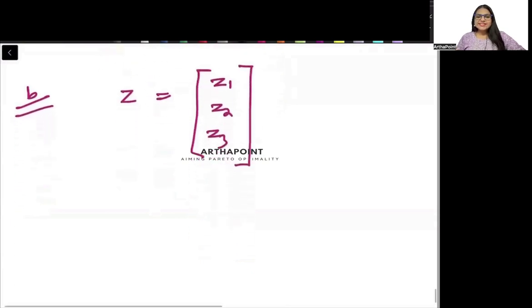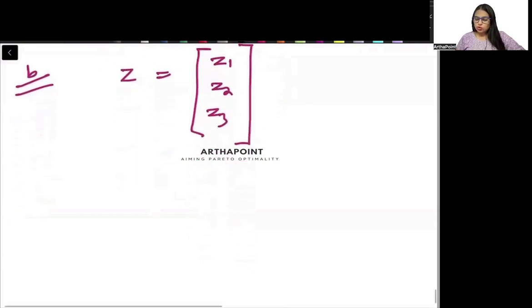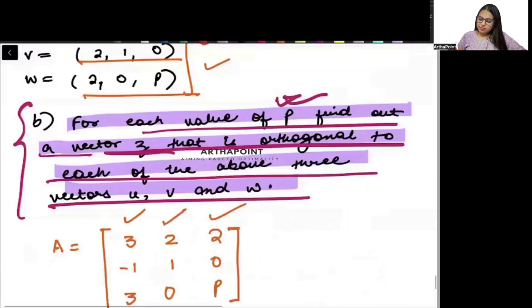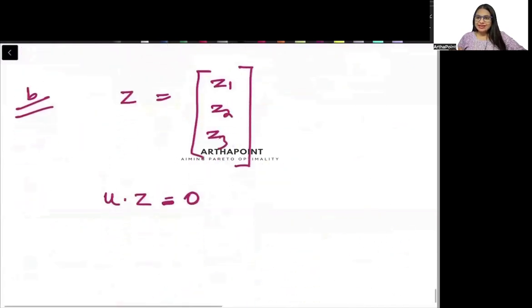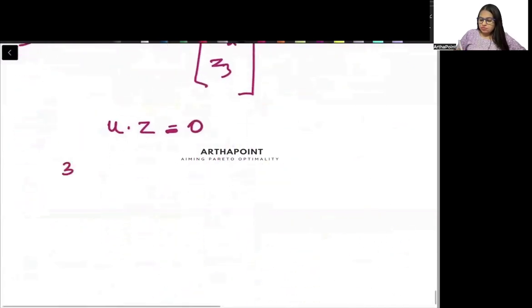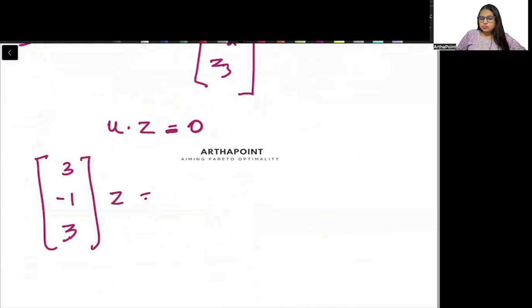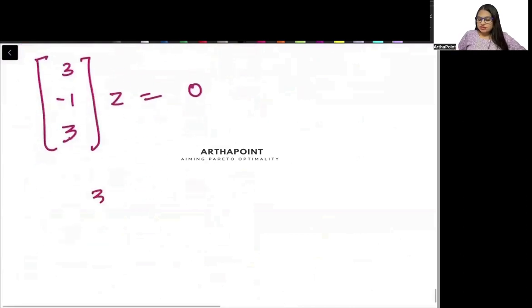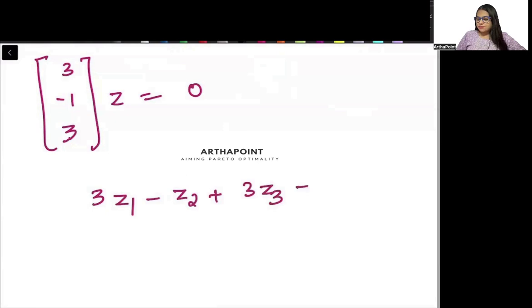So if I want that Z should be orthogonal to U, so U dot Z should be 0. What was my vector U, beta? My vector U was 3, -1 and 3, its dot product with Z should be 0. So I will get 3Z1 minus Z2 plus 3Z3 equal to 0.